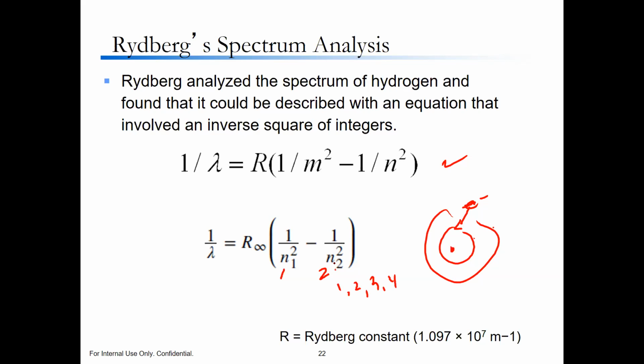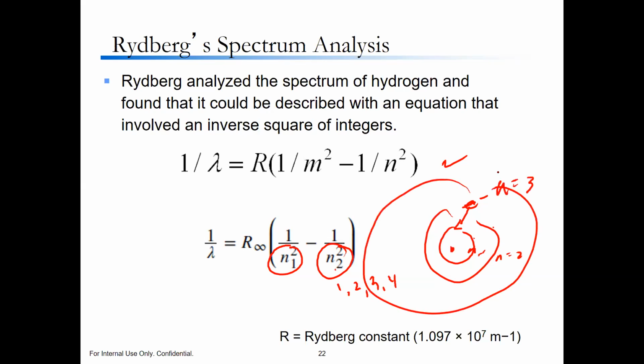So 1 divided by 1, 1 divided by 1/2. To produce light, you always have to have movement of electrons from one layer to another layer. So that's what we figure out. What is this n? Mathematically, he just said these are n's, but later on we figure out these n values are these layers. N equals 1, n equals 2. If I have another layer, then it's n equals 3.